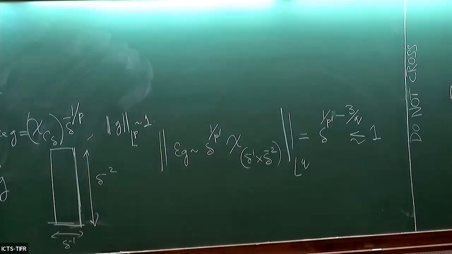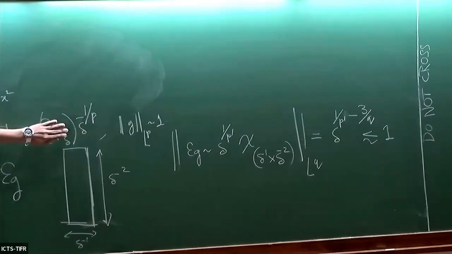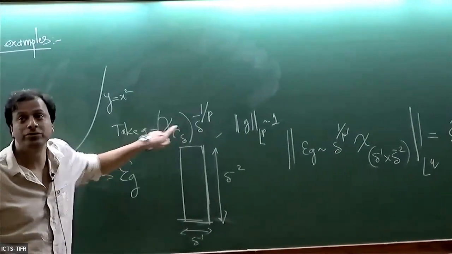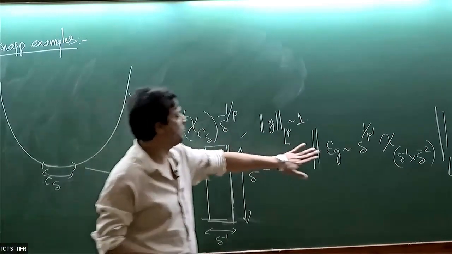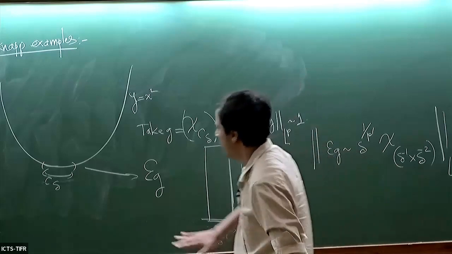I'm sorry. So I scaled f here, so that this piece has length delta, the LP mass is delta to the power 1 over P, and I scaled it so that it has LP mass 1. So what is the extension of g?